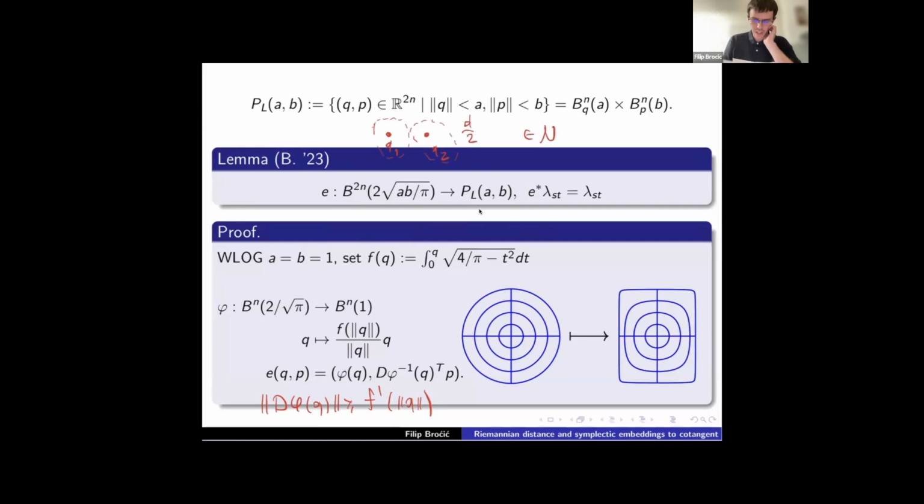Essentially, inside of the unit disk cotangent bundle, I'll have a copy of two disks of the form product of distance over 2 in Q coordinates times the unit disk in the other coordinates. As we saw, the capacity of this object is 4 times d over 2 times 1, which is 2 times d. But then we have two such products of disks. So in total, we'll have that the sum of capacities is 4 times d.